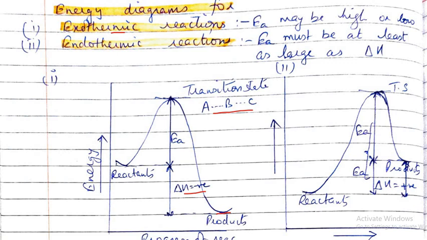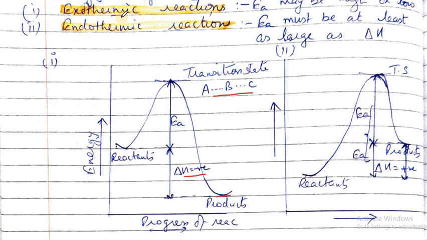So in endothermic reactions, energy is absorbed. This is the energy of reactants, and then it gets this amount of activation energy, additional energy, to form this transition state, that is, to reach the energy barrier, and then the products are formed. The energy of products is more than the reactants.